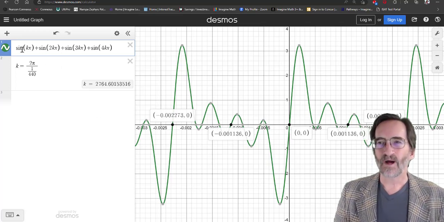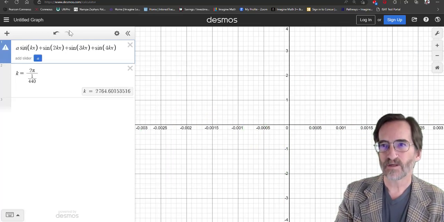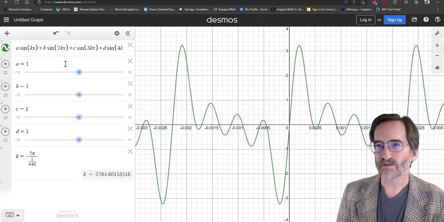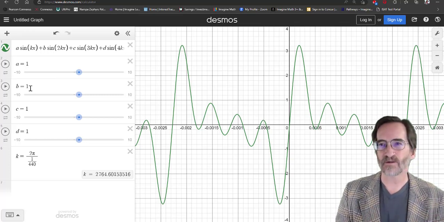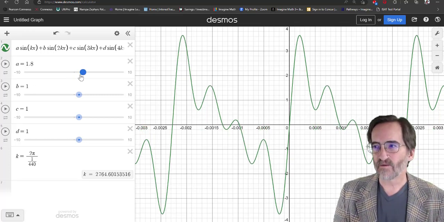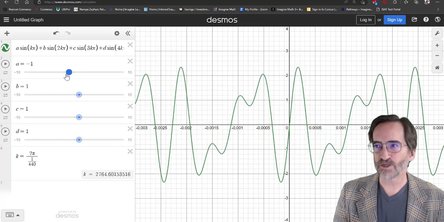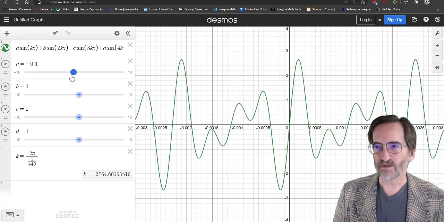Now where it really gets interesting is if I start putting multipliers in front of each of these, A, B, C, and D. And I'm going to add sliders for these, A, B, C, and D. Right now they're all 1, so we have our base signal. If I start modifying the coefficients on each of these terms, I can change the shape of the repetitive signal.